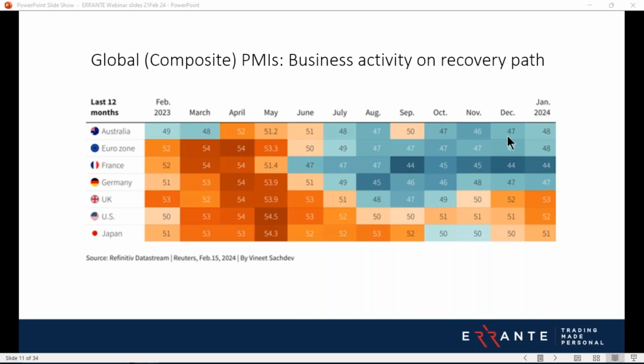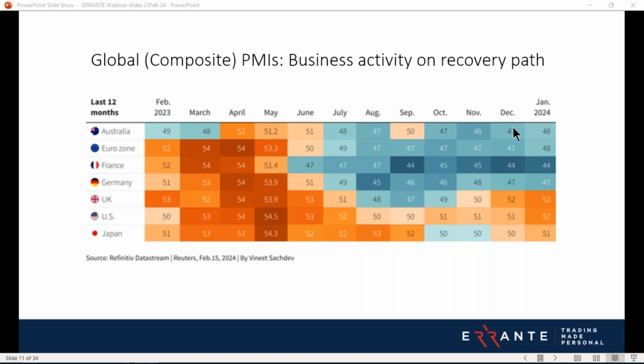Differences of opinion, of course, it's a big governing council, but consensus is probably thinking that June is still the more likely time for the ECB to start easing rates, and that would be a classic European compromise.